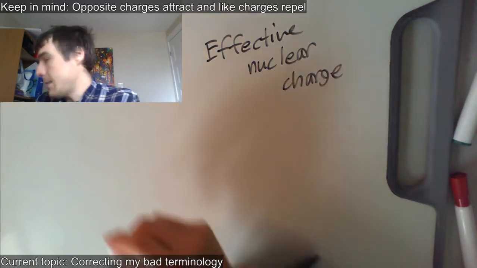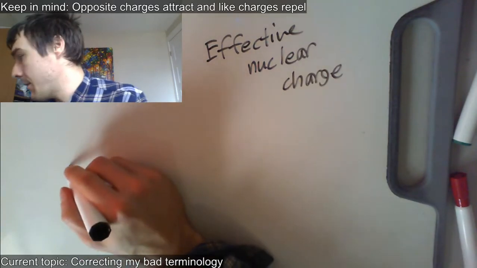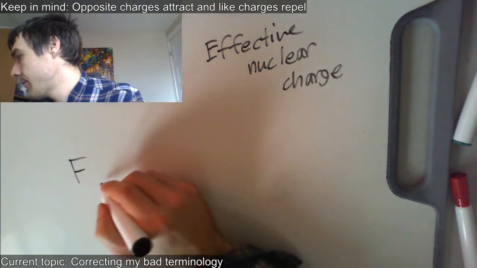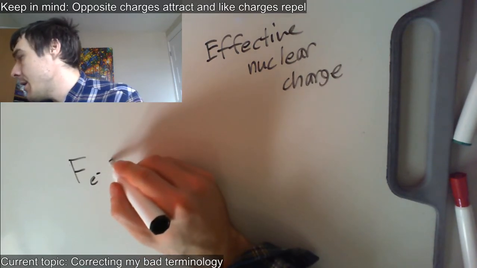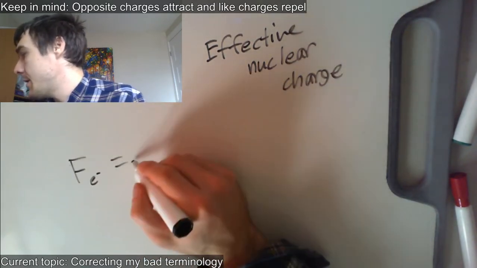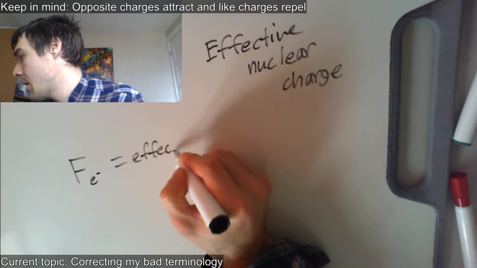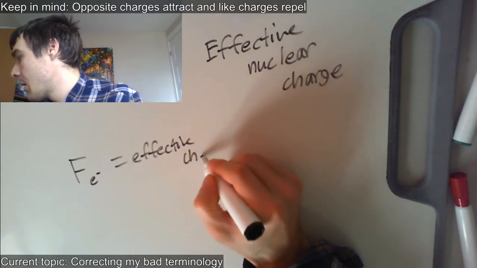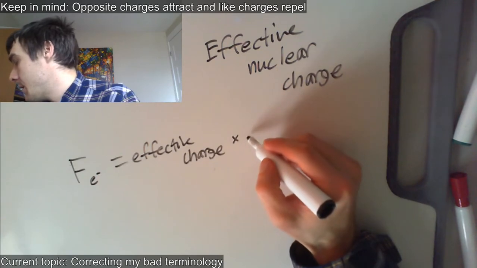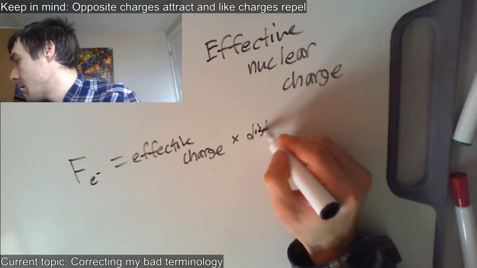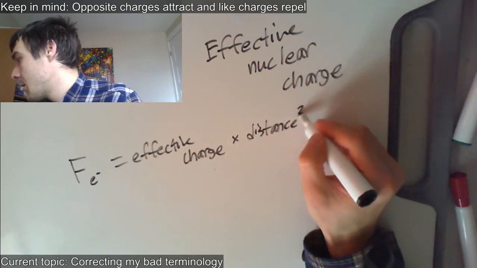So the first thing I want to talk about is how the electric force on an electron is going to be this: the effective nuclear charge, divided by distance squared.